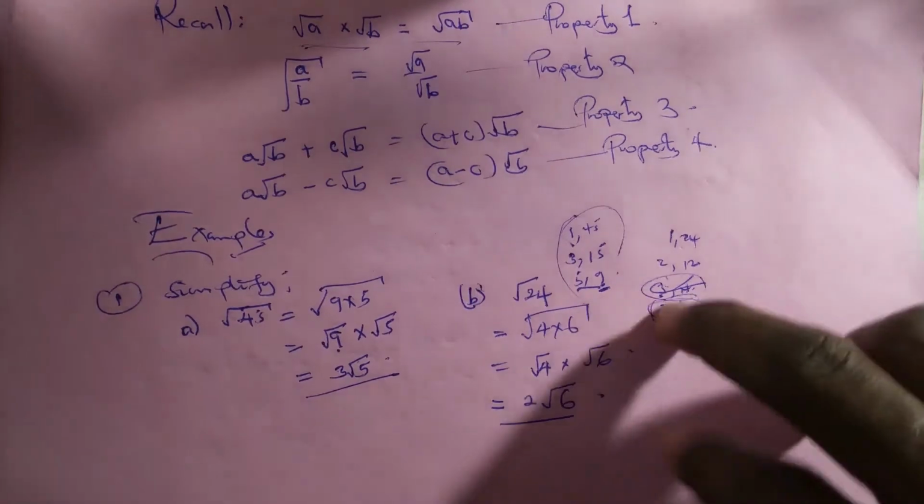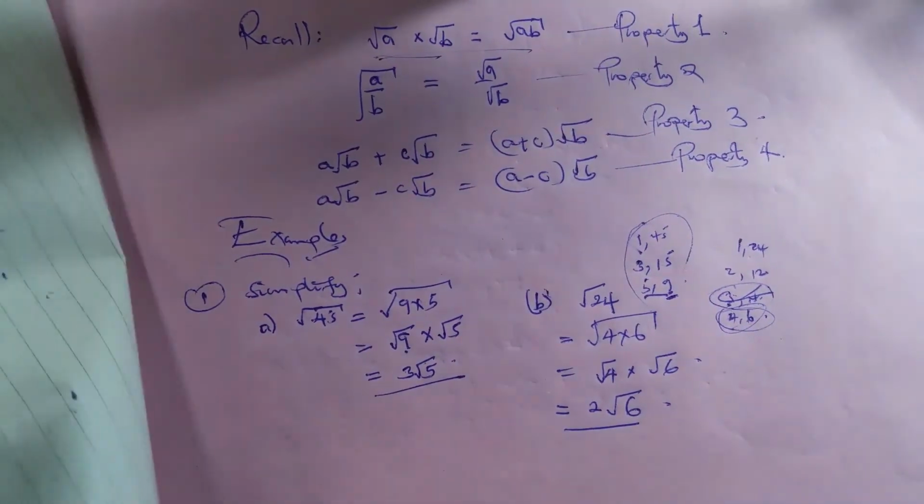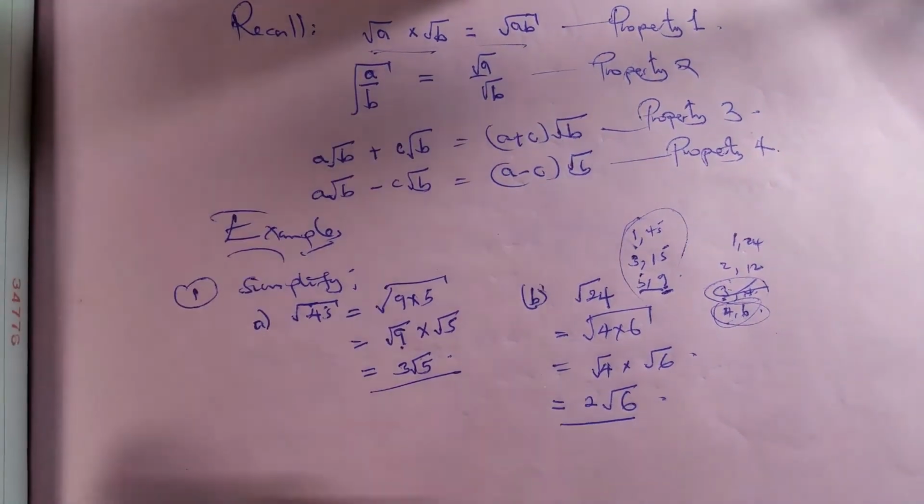These were some of the reviews we went through. We recalled the four different properties we use when we are simplifying surds.